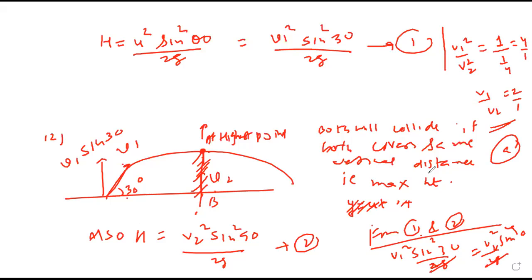After this I am doing 13 because many of you have not got it. Sir, they have asked v2 by v1. So 1 by 2 there. So v2 upon v1 will become 1 by 2.